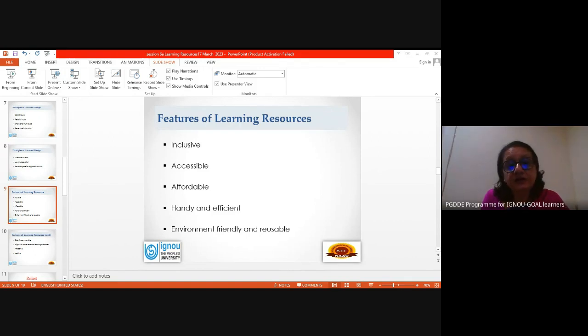So if something is not affordable, then there is something wrong with the resource. And that is why today, world over, this whole concept of open educational resources has come. Are you aware of this OER? Have you heard this term, OER?